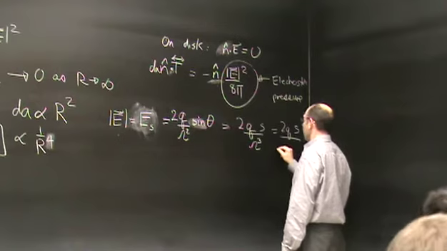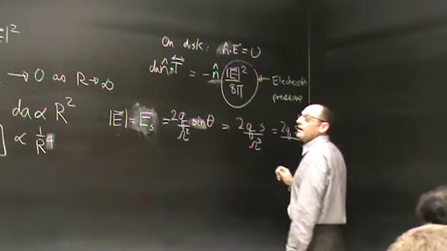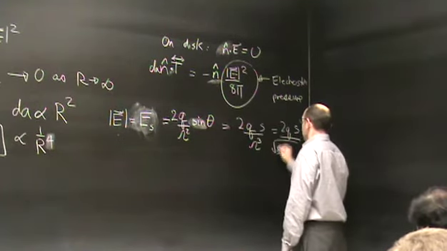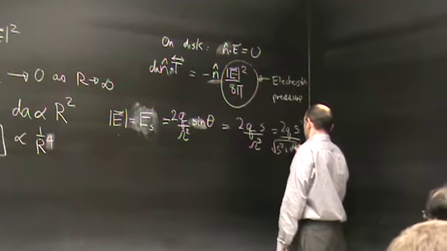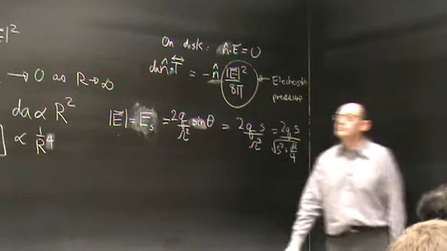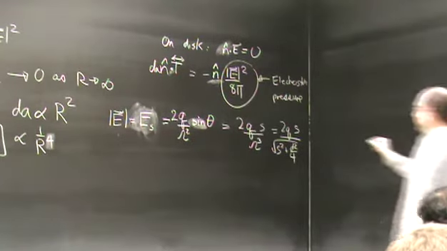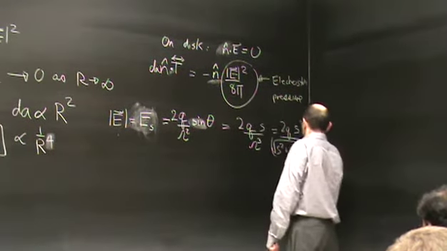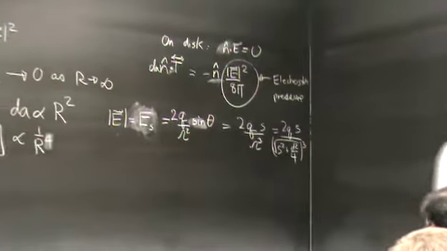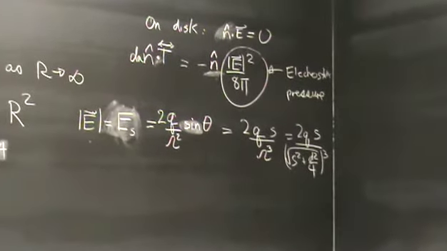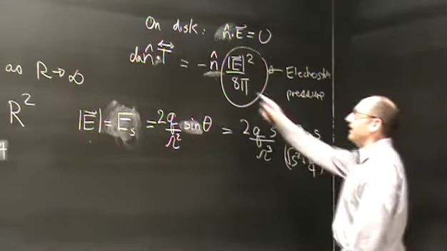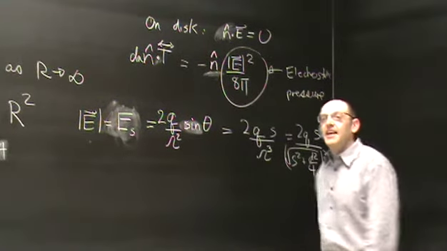It's the square root of S squared plus D squared over 4. And then I have to take the cube of that. So that's the electric field. Got to plug that into here and then integrate.